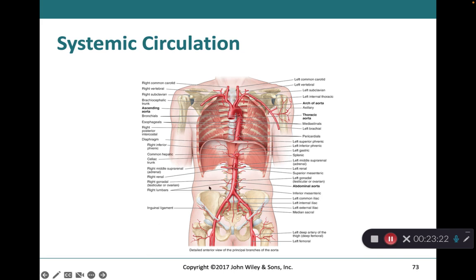Okay. Then going down further, we have this large artery coming off of the trunk here. This is the superior mesenteric, and that feeds into other smaller arteries as well, like the right colic artery, ileocolic artery, and intestinal arteries, and the middle colic artery.